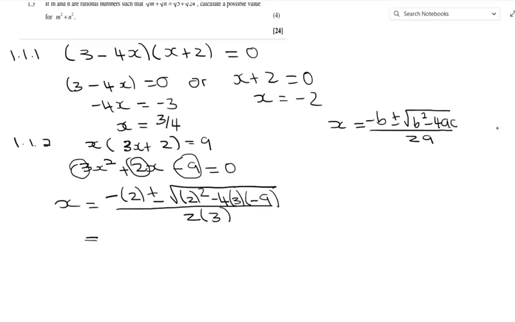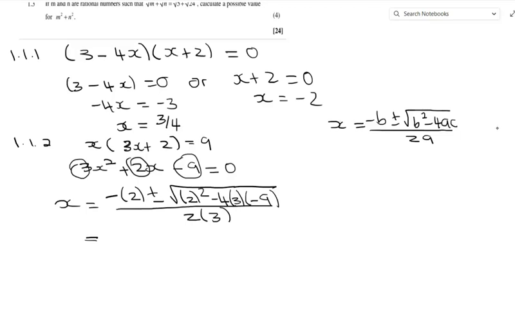So here you're going to use your calculator to find the answer. So you're going to have negative 2 plus or minus the square root of 2 squared minus 4 times 3 times negative 9, all divided by 6.